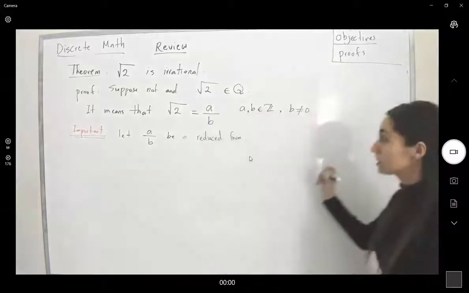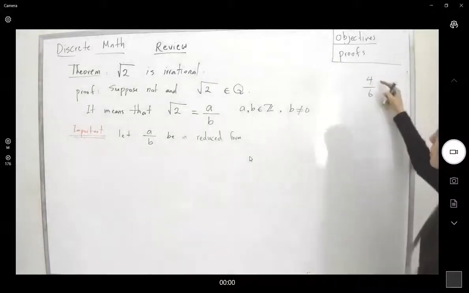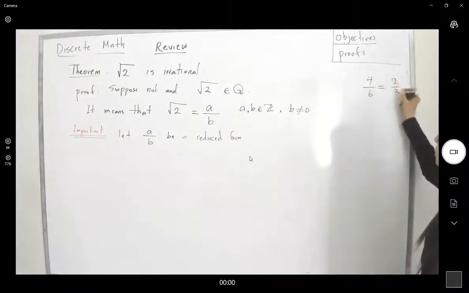What do I mean by that? Remember that, for example, 4 divided by 6 is not in reduced form. The reduced form is 2/3.